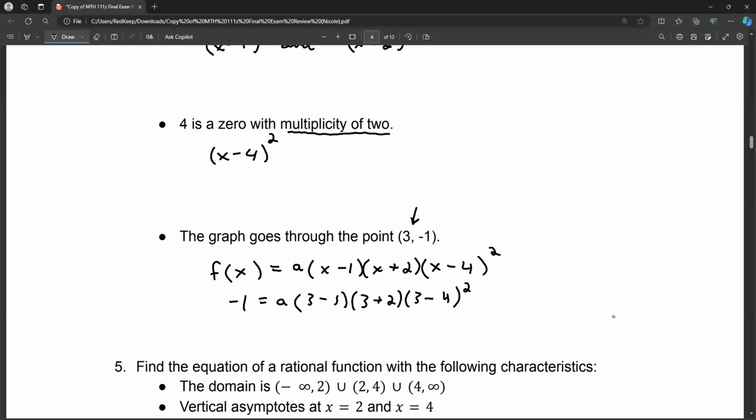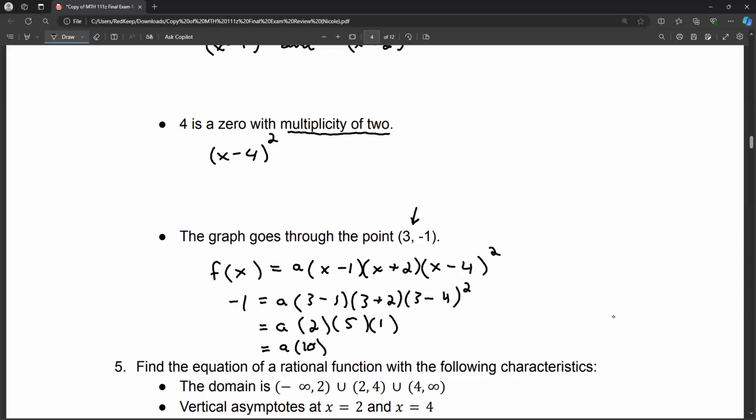So let's see, I know then that 3 minus 1 is equal to 2, and 3 plus 2 is equal to 5. And 3 minus 4 is equal to -1, but -1 squared is equal to just +1. If we multiply these three numbers together, we get that it's a times 10 is equal to -1.